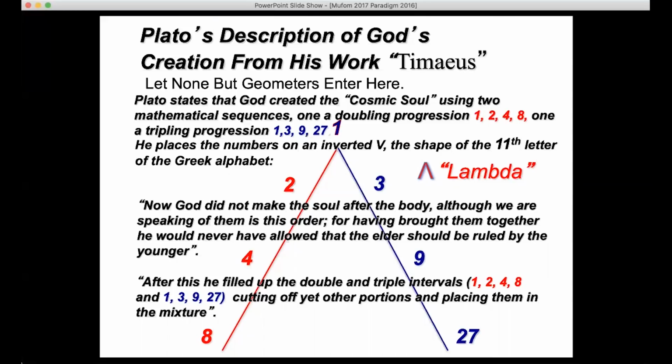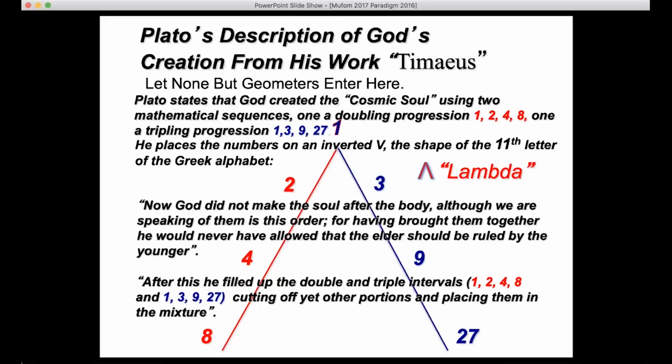So if we analyze what he's saying here, he's saying he would never have allowed the elder to be ruled by the younger. So if we look at that as the 2 and the 3 being two different aspects, we can actually equate that as a male and a female.